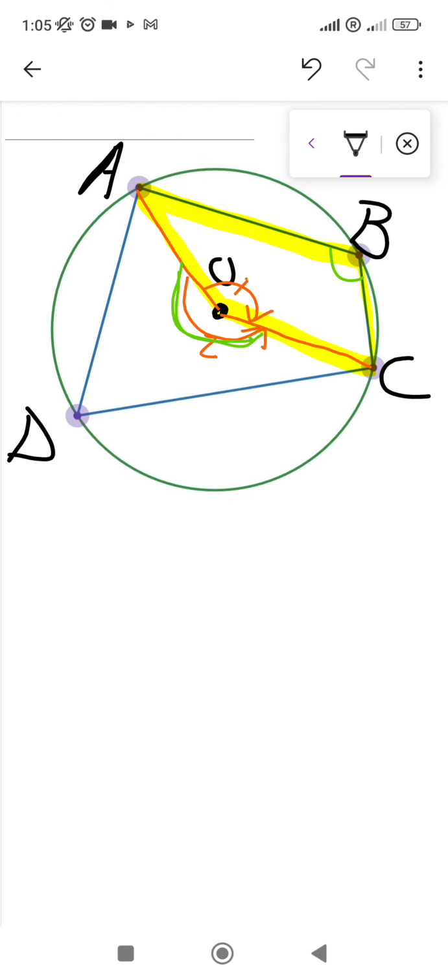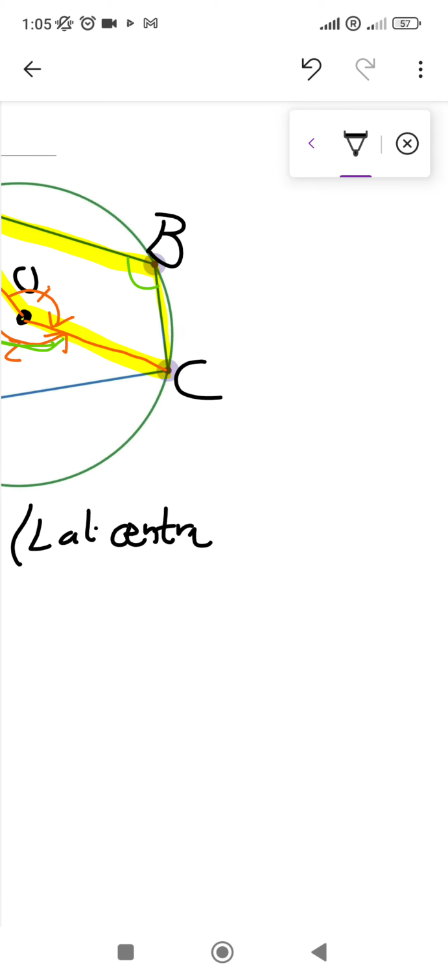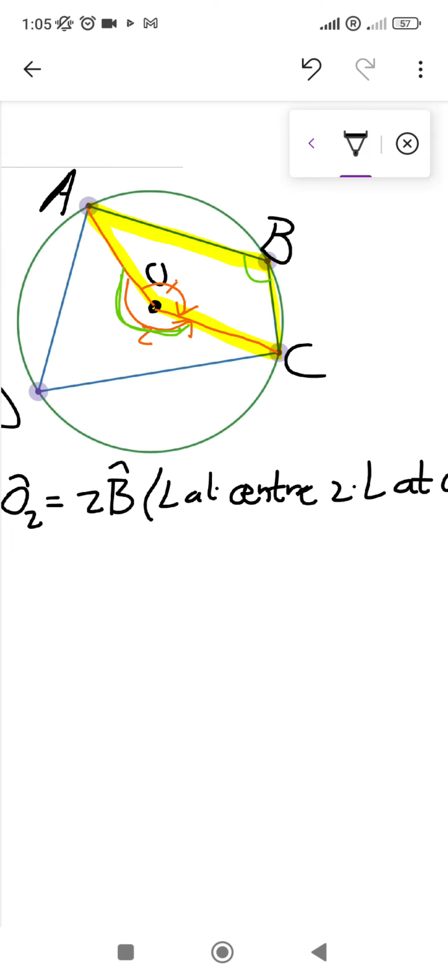So we're going to say angle O2 is equal to 2 angle B. The reason for this is angle at center is twice the angle at circumference. Okay, angle at center twice the angle at the circumference.